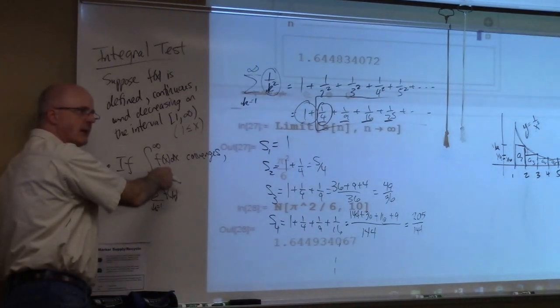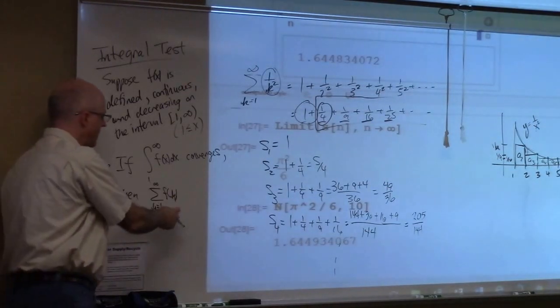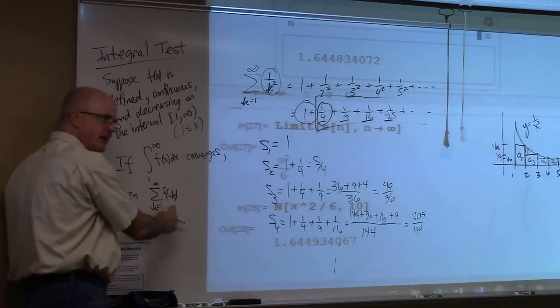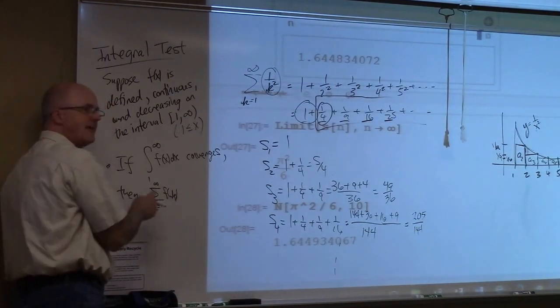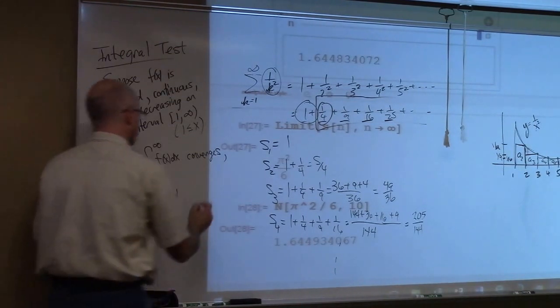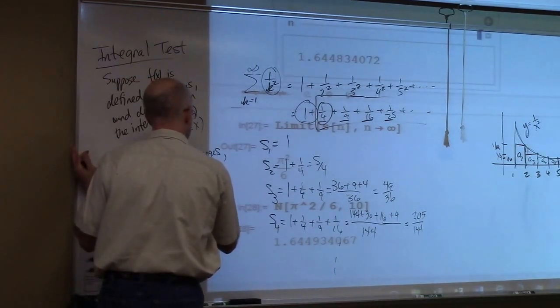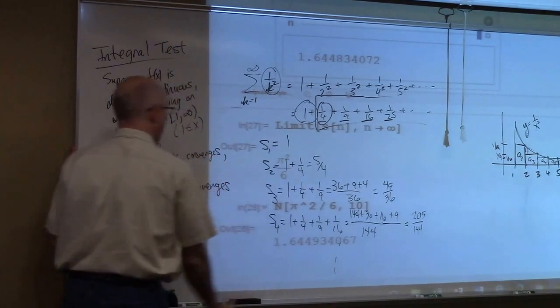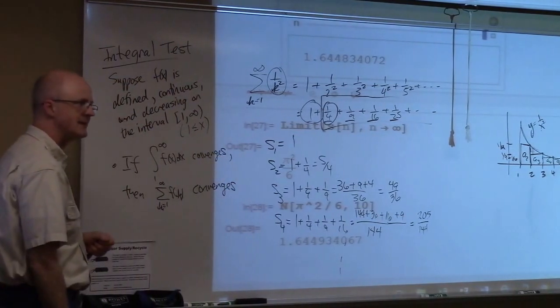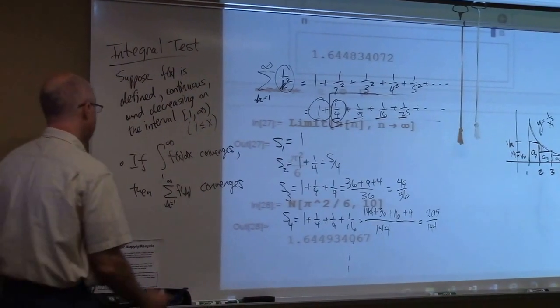It could be anything greater than or equal to 1. Down here, k is an integer, 1, 2, 3, 4, 5, 6, etc. That corresponding series converges. The corresponding limit of partial sums exists.